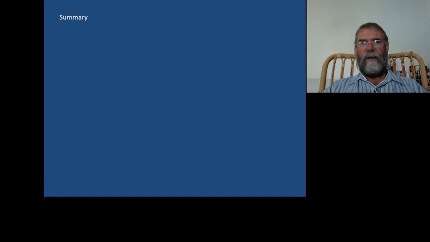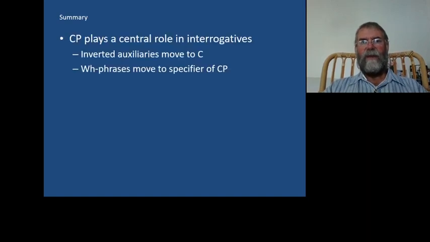Okay, let's just summarize the main points that we've said in this presentation. First of all, the CP plays a central role in interrogatives. It acts as the landing site for two movements which are specifically involved in creating interrogative clauses, that is, inverted auxiliaries, which move to the head position, the C position, and WH phrases in WH interrogatives, which move to the specifier of the CP.